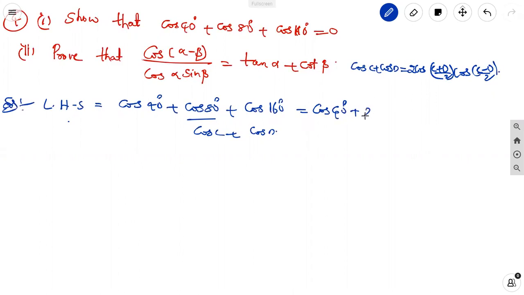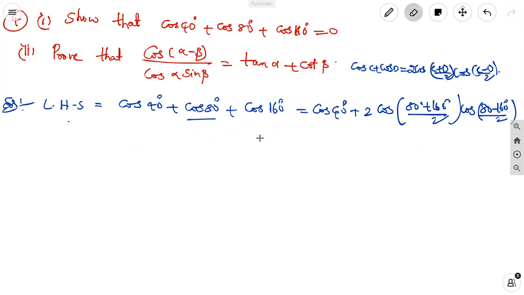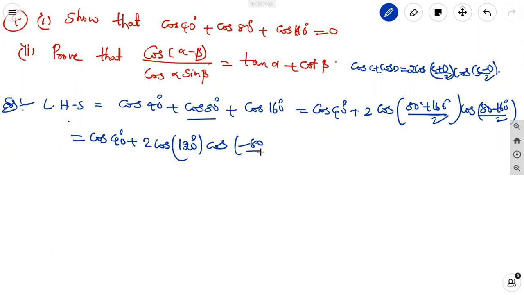Using that form, here 2 cos of C is 80 plus 160 by 2, cos of 80 minus 160 by 2. It is equal to cos 40 degrees plus 2 cos of, 160 plus 80 is 240, 240 by 2 is 120 degrees. Cos of 80 minus 160 means minus 80 by 2 equal to 40.